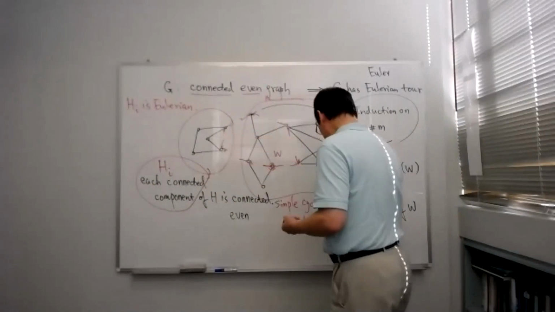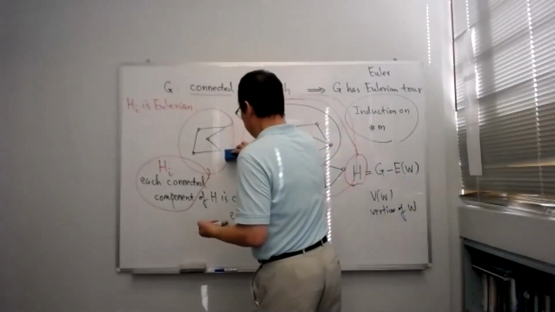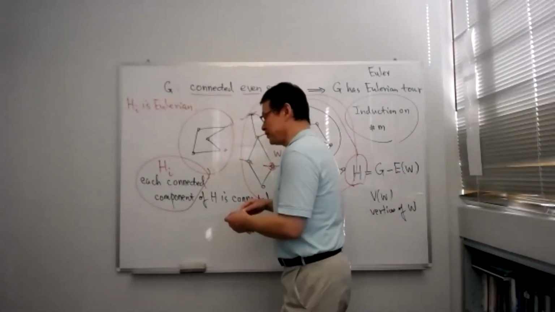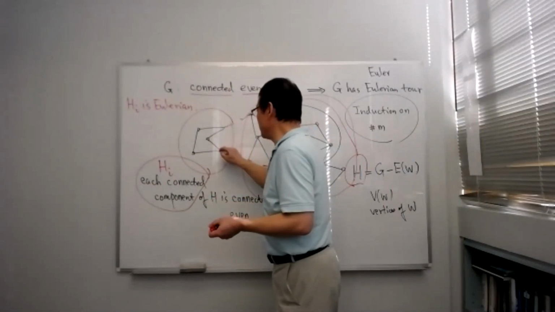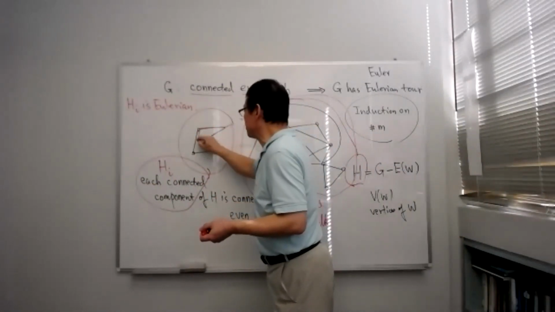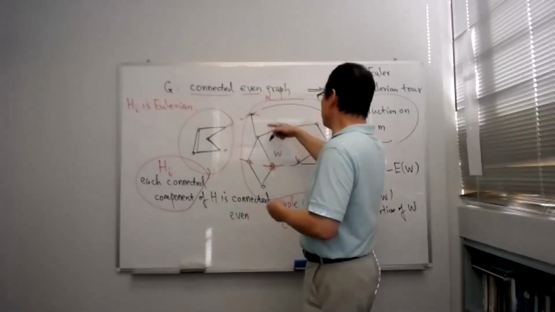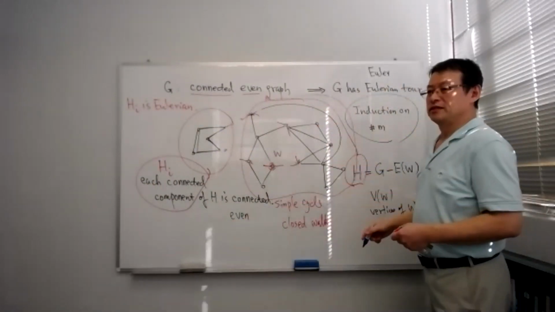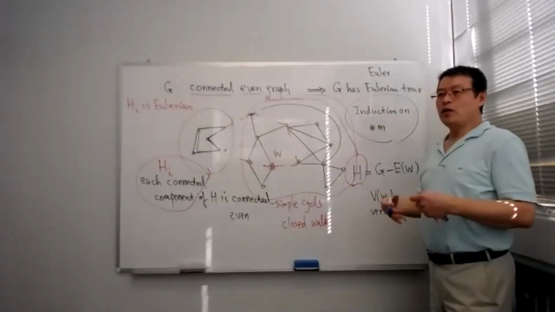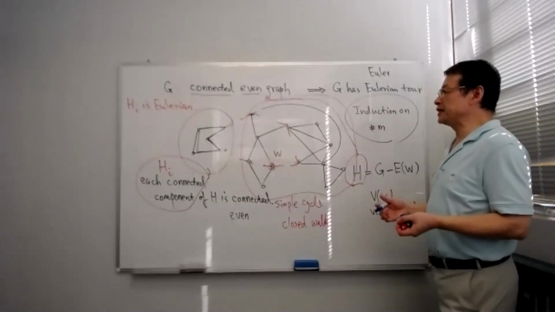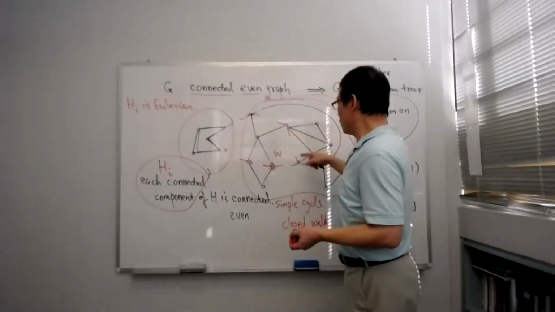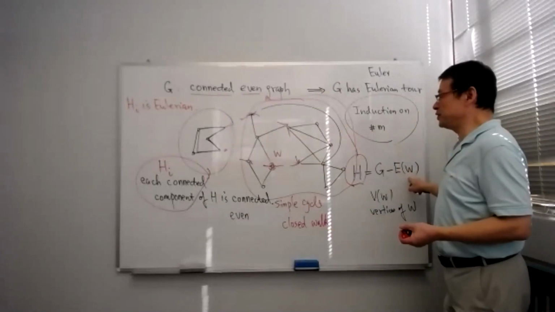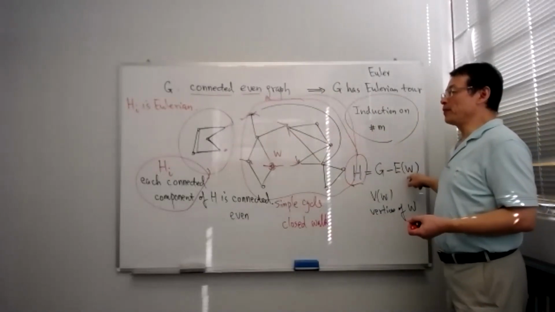So for this one, we have an Eulerian tour like this, and this one also has one. Now what we are going to do is combine these tours with W to form our tour.